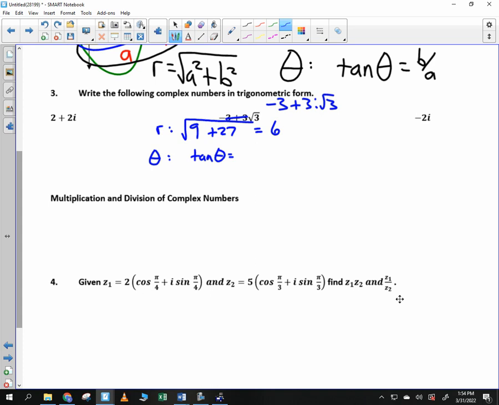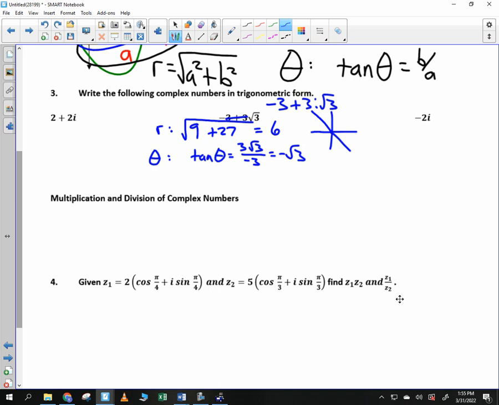Don't use the i. 3 roots of 3 over negative 3, which is what? Negative root of 3. Where's tangent negative? 2 and 4. Which quadrant am I working in, 2 or 4? Why? When you plot the graph, you'll be in the second quadrant. Agreed? So I know I'm in the second quadrant.